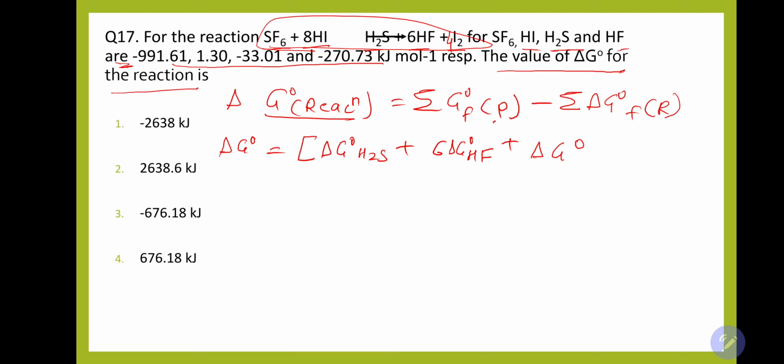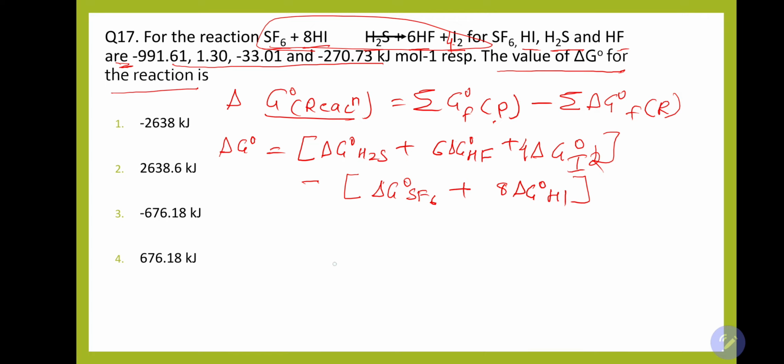Please take note, it is 4 I2, because if we don't write 4 over here, it will be unbalanced. Now minus the reactants: delta G naught of SF6 plus 8 into delta G naught of HI.